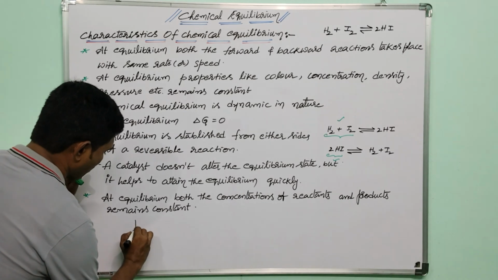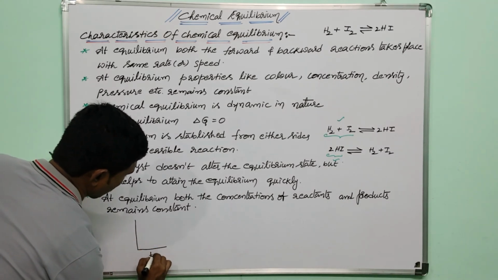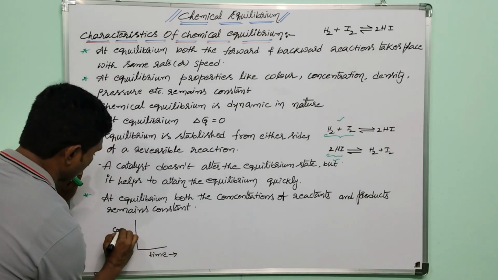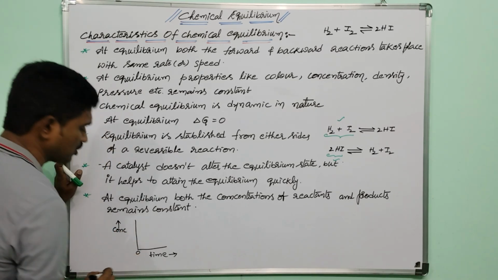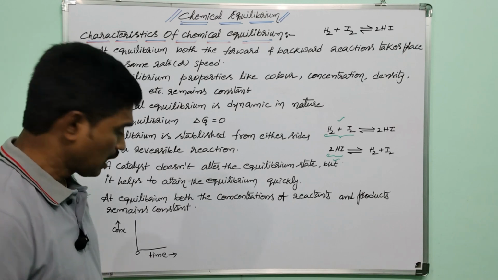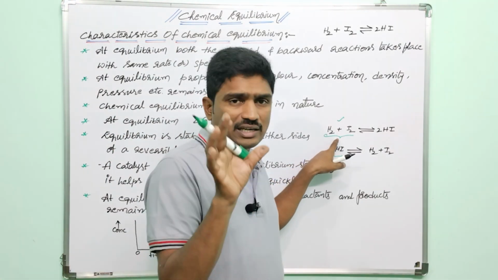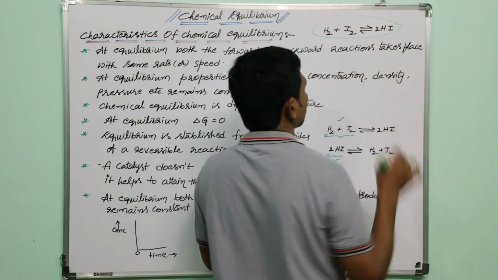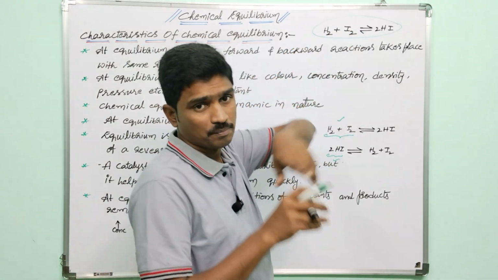For example, let us take time along the x direction and concentration along the y direction. This is the time t0, nothing but initially the reaction mixture contains. For example, let us take this reaction. This is our reversible reaction. Here an equilibrium will be established.